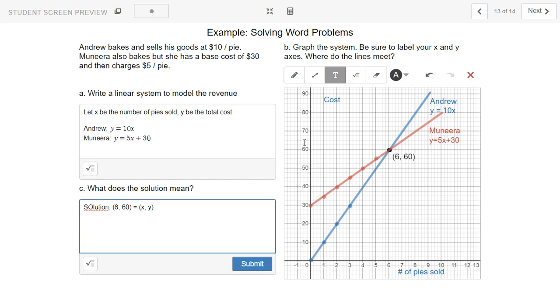That means that both of them will cost exactly the same when they have sold 6 pies. If somebody is buying 6 pies, the cost will be the same at $60 for both people.